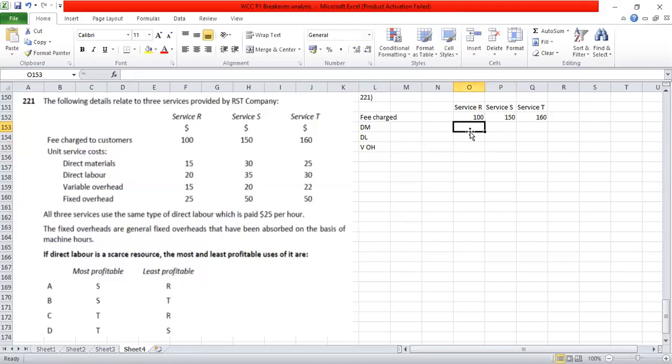Deduct all three of them: direct material 15, 20, 15; direct labor 30, 35, 20; variable overhead 25, 30, 22. Then find out the contribution per unit.